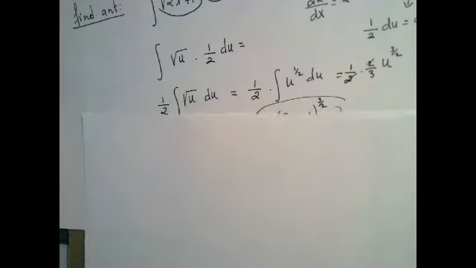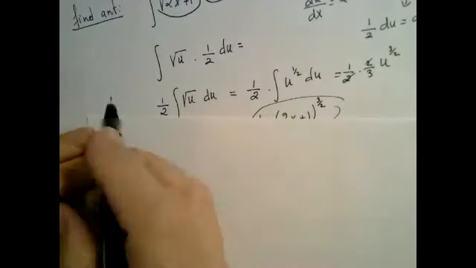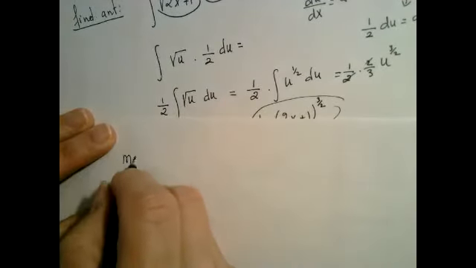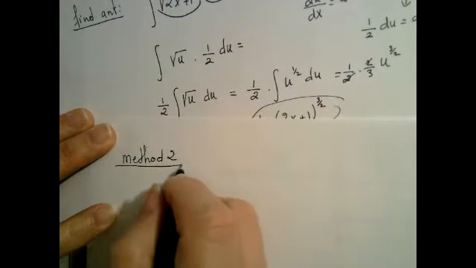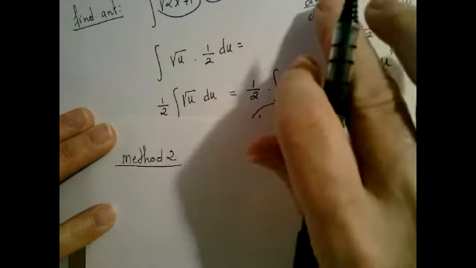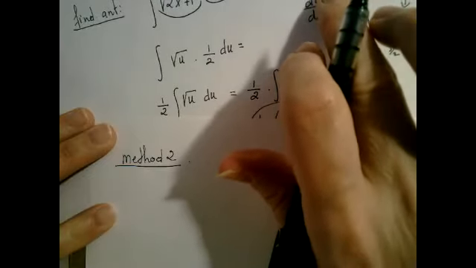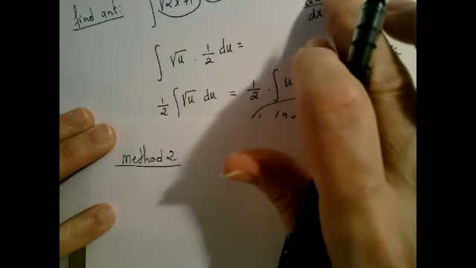So, another method. The other approach is that once we introduce u, we change the lower and the upper limit.